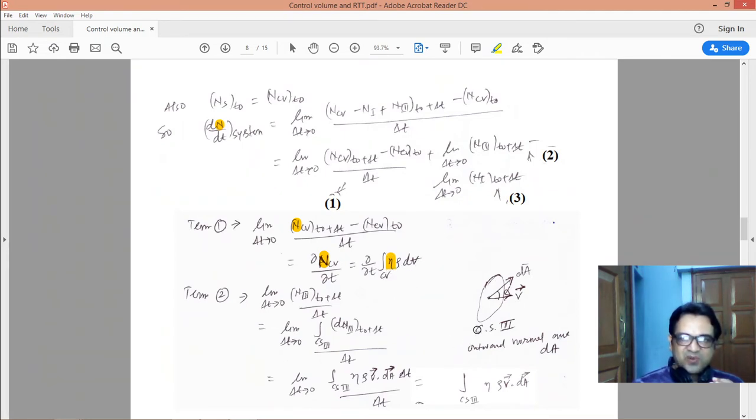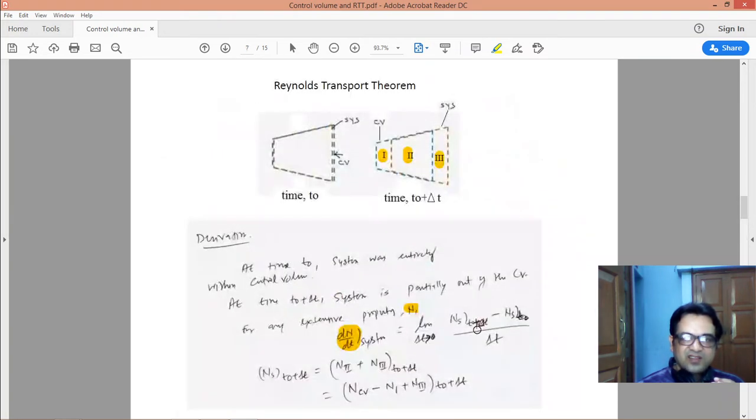Now term 2 and term 3 I will explain, which contain region 1 and region 3. So you see, if you approximate that, this region 1 is the control surface for region 2 and region 3 is again the control surface for region 2.